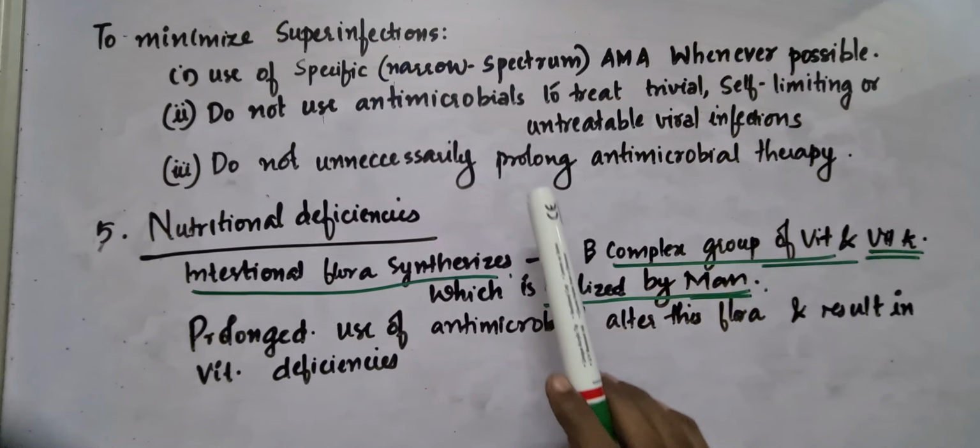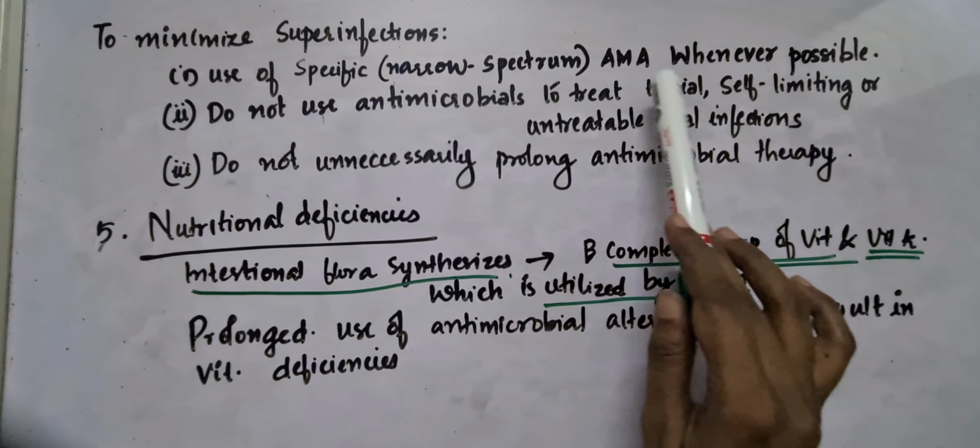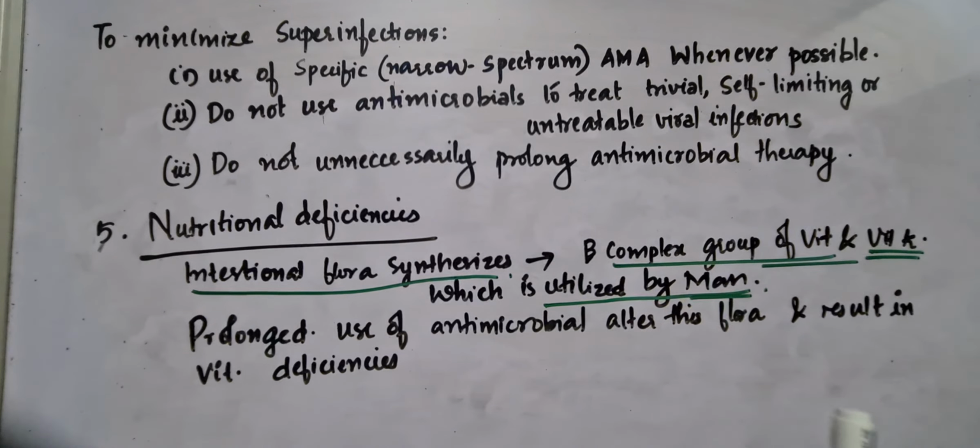First one is use of specific narrow spectrum antimicrobial agents whenever possible. Second, do not use these antimicrobials to treat trivial, self-limiting or untreatable viral infections. And we should not unnecessarily prolong antimicrobial therapy. So these steps are taken to minimize superinfection.